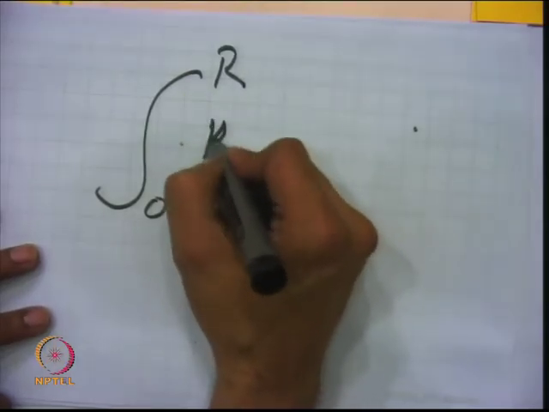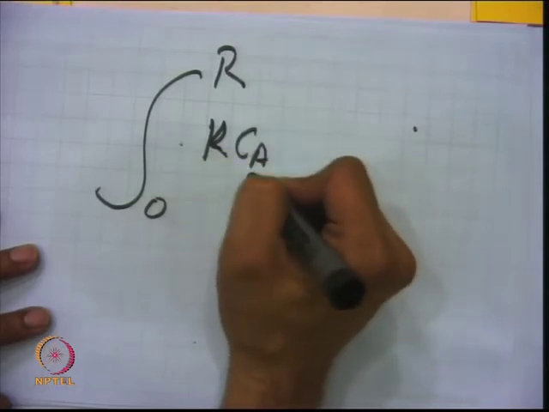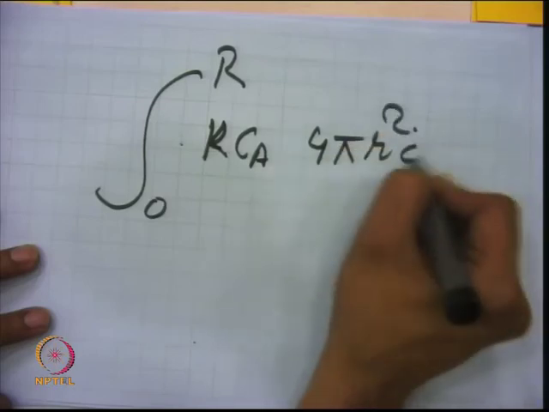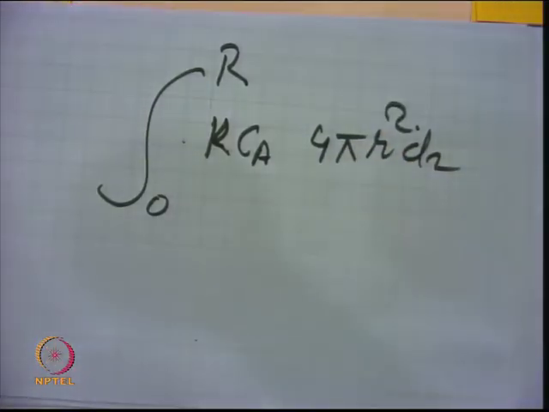And you know the rate of reaction, that will be k times whatever the CA concentration variation, rate of reaction I am defining per unit volume, so 4 pi R square dR. This is the global rate, but I said that whatever moles come to the surface because of diffusion, the same will go inside and react chemically.